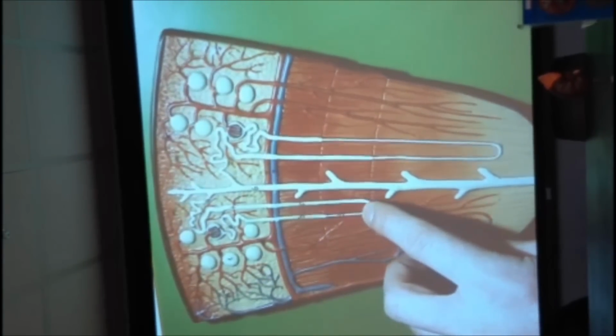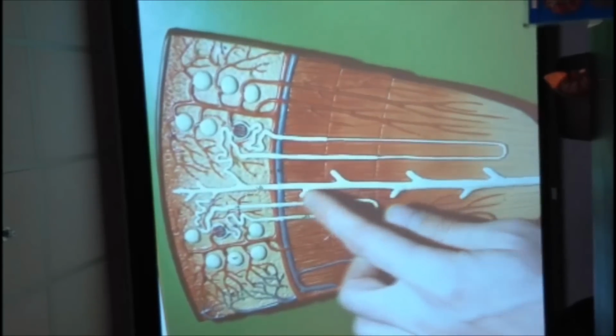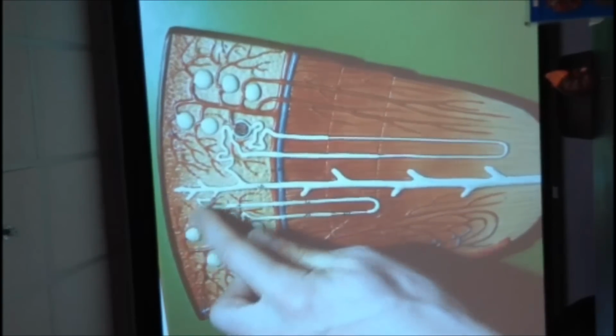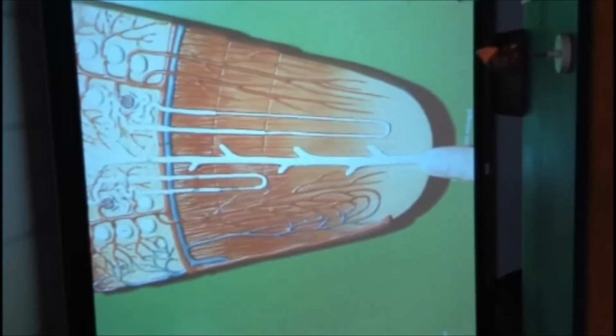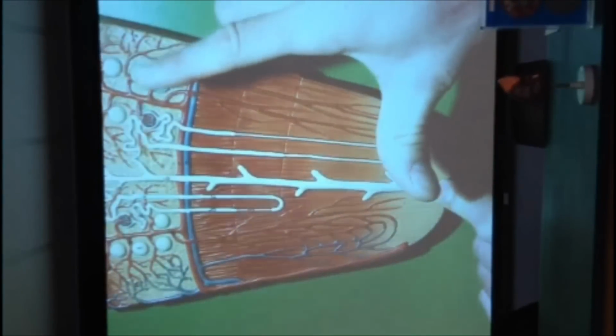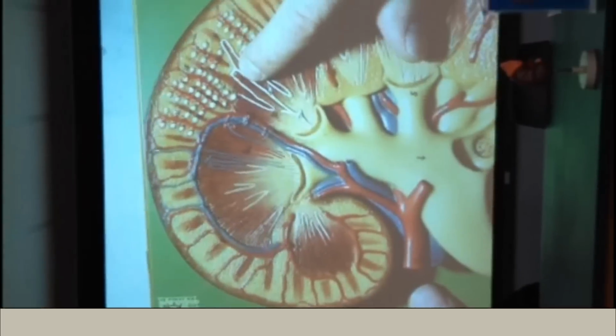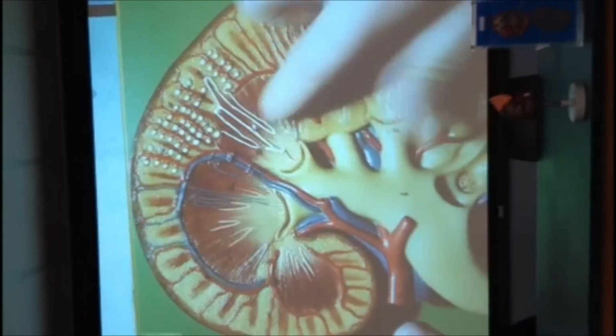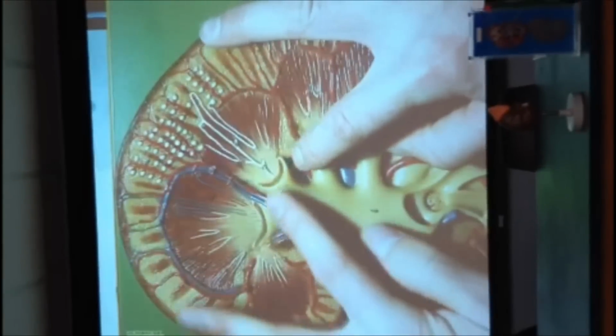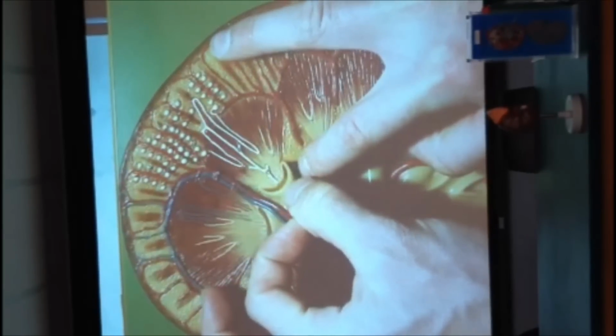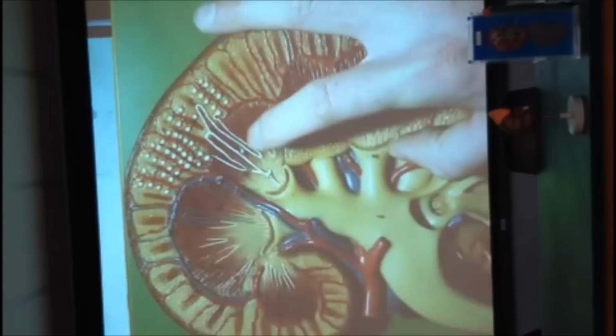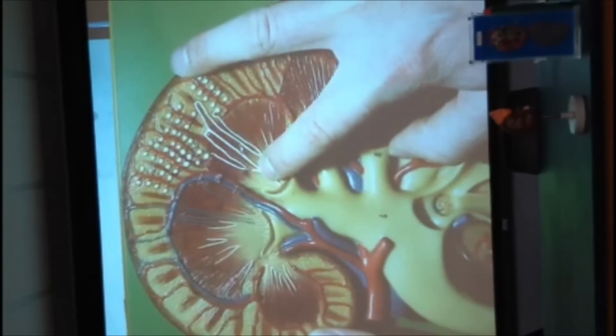The things that are meant to be excreted work their way into the collecting duct, and then from the collecting duct, I'm going to shrink this. Ready? 1, 2. There's a collecting duct. It leads into this little opening right there. It's a little funnel, a giant tubule that collects formed urine.